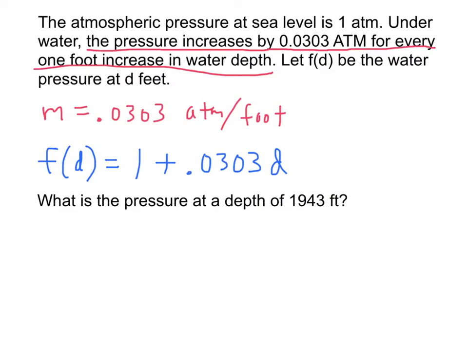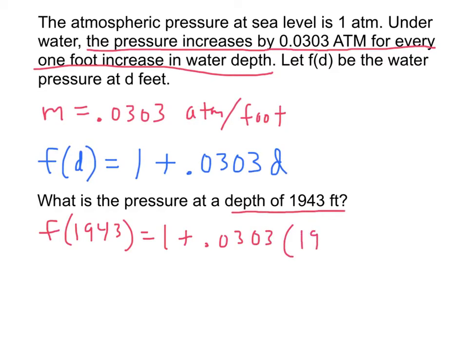Now, what's the pressure at a depth of 1,943 feet? This is actually the deepest point in Crater Lake, which is the deepest lake in the United States. Well, the depth of 1,943 feet, that would be D. So we're evaluating F of 1,943, which would be 1 plus 0.0303 times 1,943.